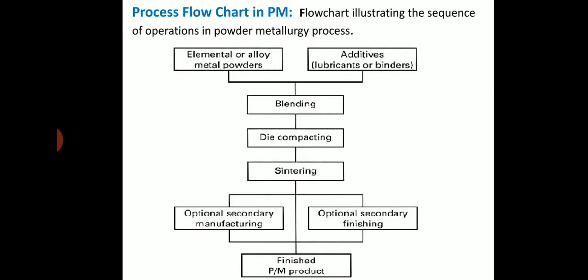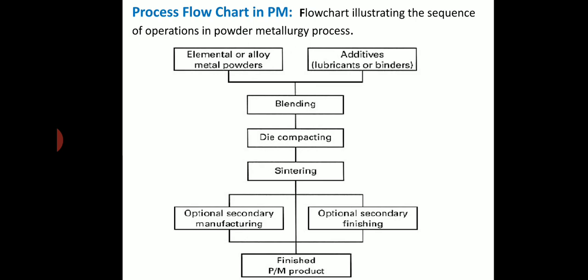The process of powder metallurgy is shown using a flow chart in this slide. The process starts with the elemental or alloy metal powders. They are mixed with some additives. The additives are some kind of lubricants or binders.